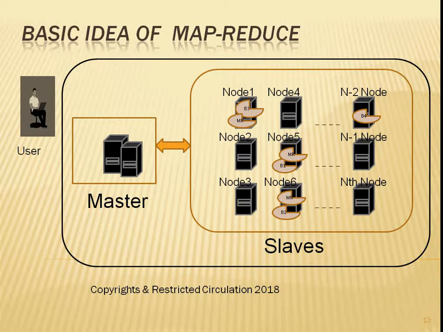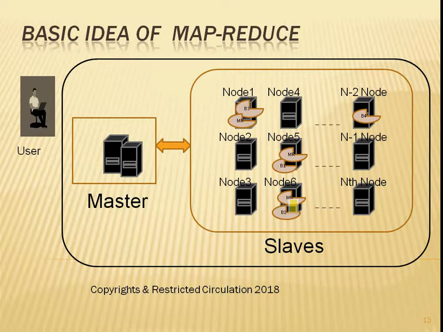How will the master get the information about where my data exists? The master has that information. This is the property of data locality, the actual data locality feature. Due to the data locality feature, the MR job will be sent to the specific node where my block exists. So the MR job will be sent to node 1, node 5, and node 6.